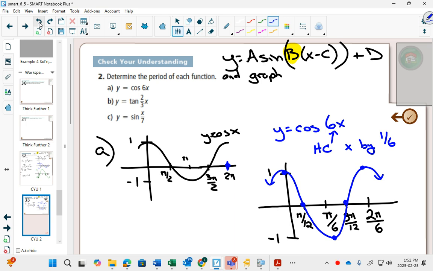And because the period was 2 pi, on this graph, the period is 2 pi over 6 or pi over 3. We just took our normal one and found our new one. So we have shortcuts for these graphs based on what we know about the period.